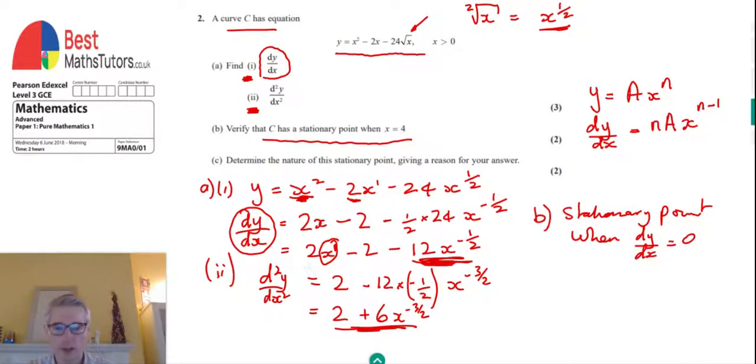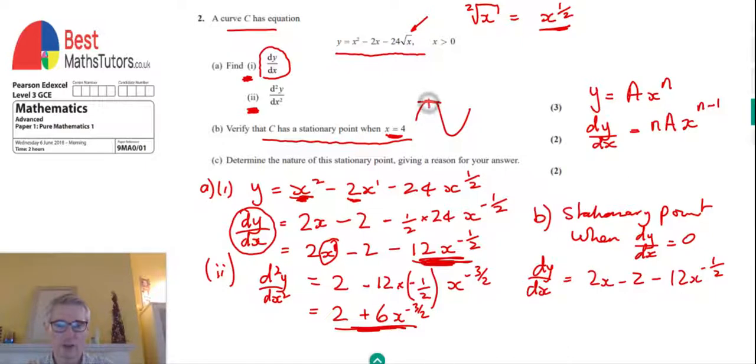I'll just write this again: dy dx equals the 2x minus 2 minus the 12x to the minus a half. If we were to substitute in x equals 4 into this and get 0, we'd know we've got a stationary point. A stationary point actually means a maximum or minimum. If we have a curve like this, let's say, then stationary points are either this point here or this point here. They're points that are maximums or minimums.